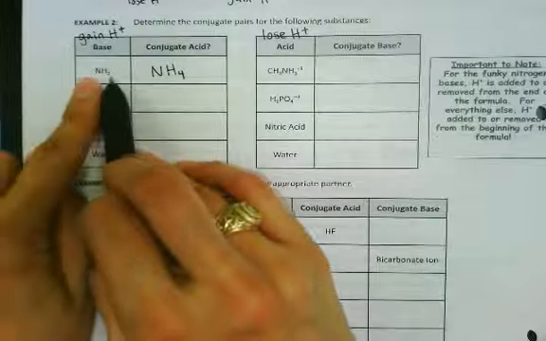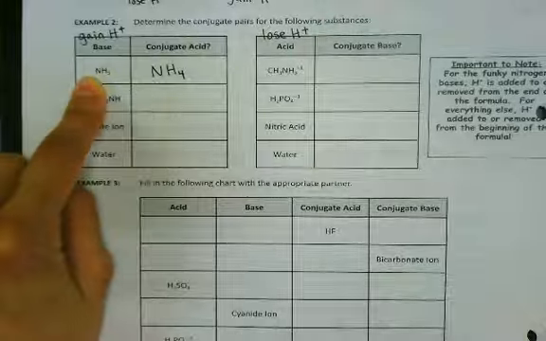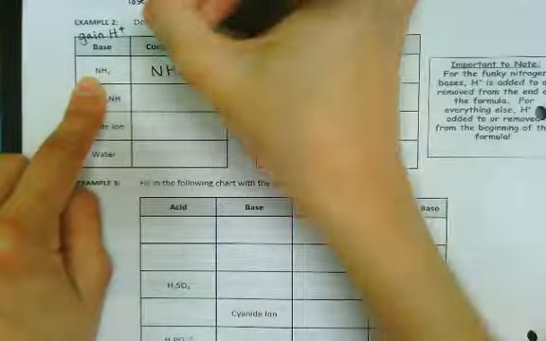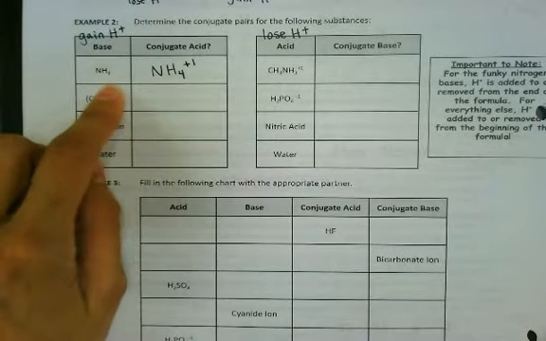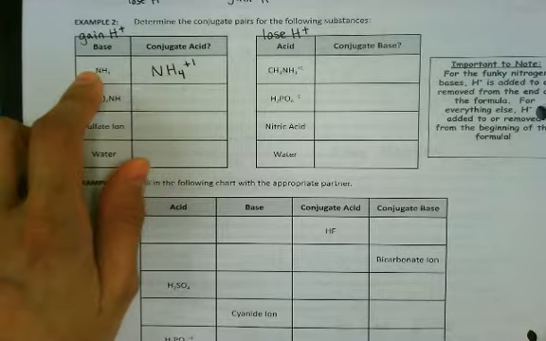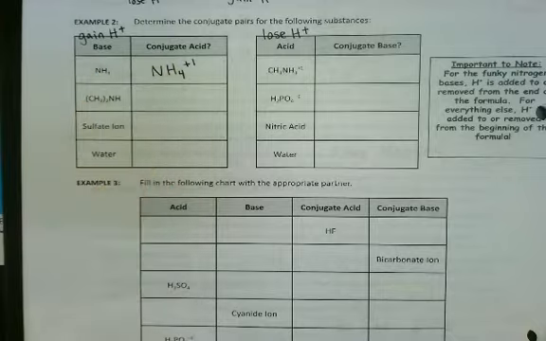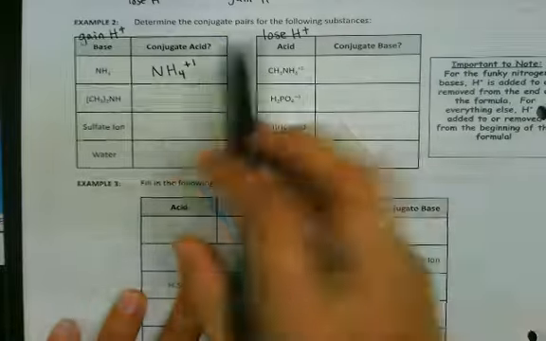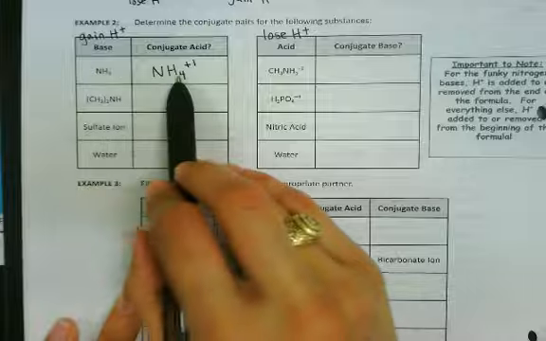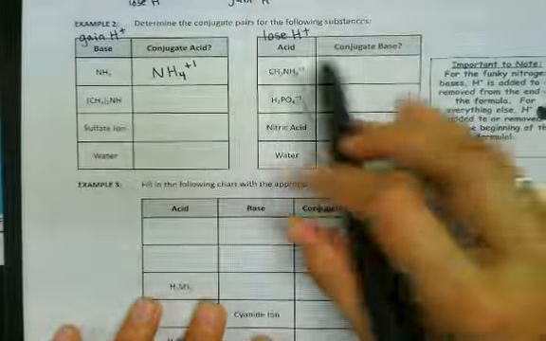Neutral, right? So what is the charge going to be if I suddenly add 1 more proton? +1, which you can indicate with just a plus, or you can put the +1 there. That is the conjugate acid of NH3, which is the what ion, y'all? Ammonium. Very good. So the conjugate acid of ammonia is ammonium.